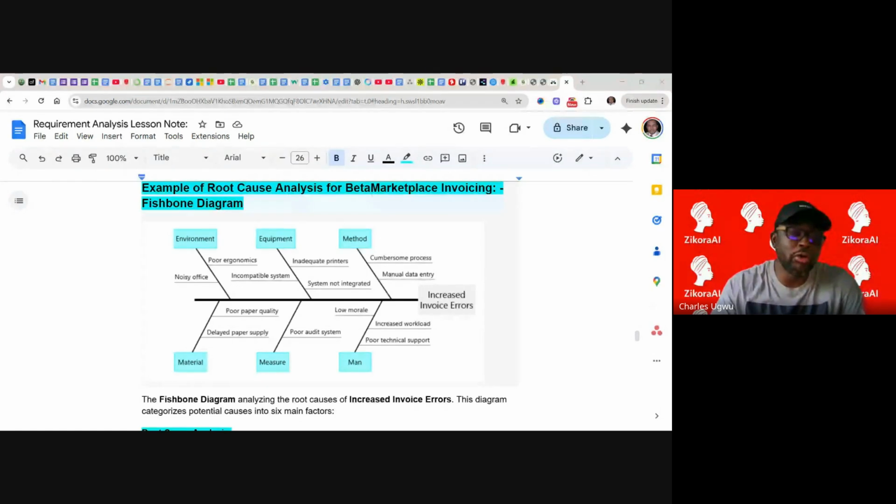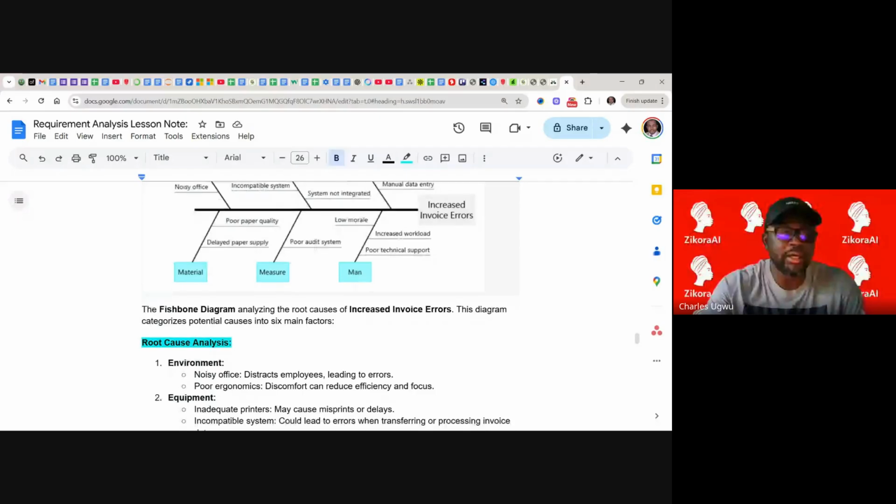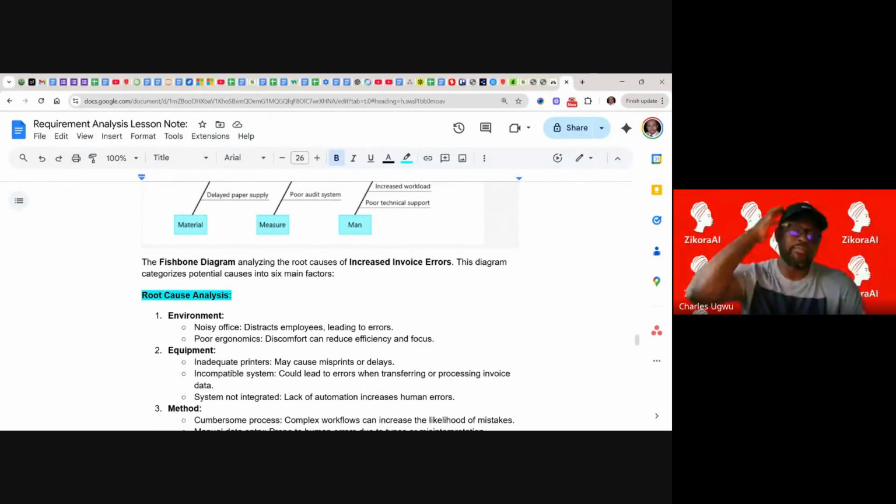By the time you go through all these six factors, you pin down and drill down. That's called root cause. You have to evaluate a lot of factors before you can get down to that. So that is what we call root cause analysis.